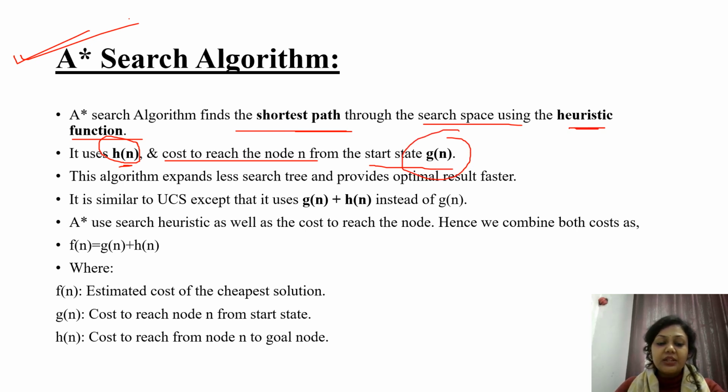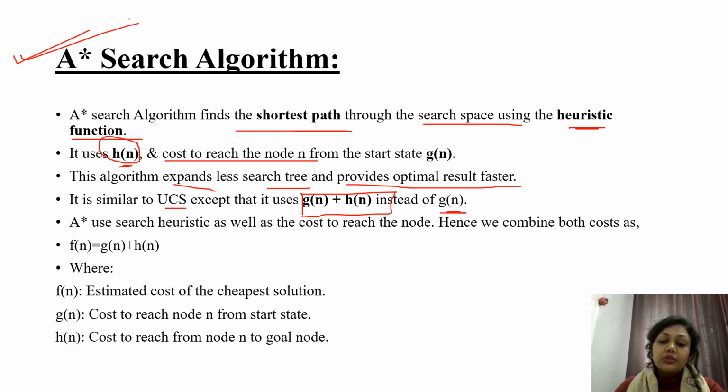Here the term G(n) denotes the actual cost from some node to the destination node. Now this algorithm expands less search tree and provides optimal result very fast. It is also similar to the uniform cost search. The main formula to evaluate the heuristic value is G(n) plus H(n) instead of G(n).